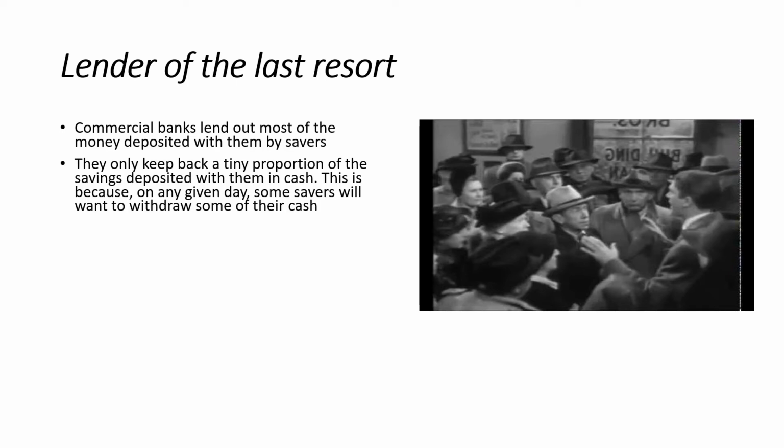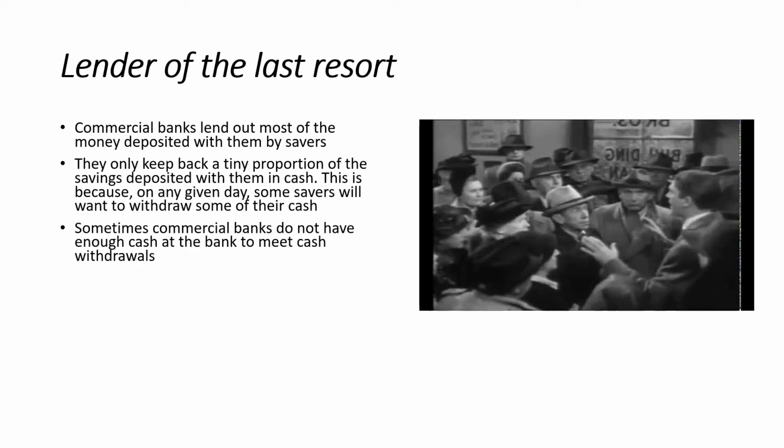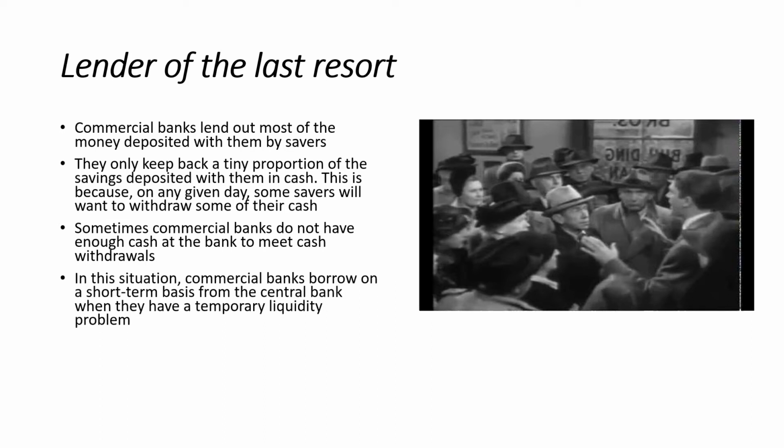Commercial banks will hold back some of the money that's deposited with them, because some of their savers will turn up at the bank and want to withdraw some of their cash. So you need to have some cash on deposit to meet that requirement for savers who turn up at the bank who want some of their money back. Sometimes commercial banks don't have enough cash at the bank to meet cash withdrawals on a particular day.